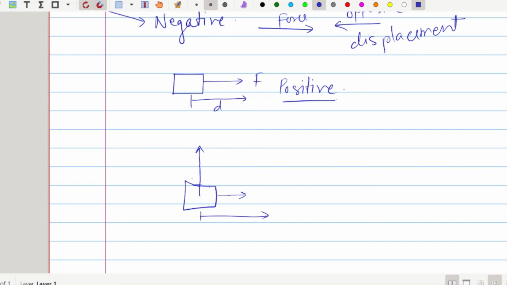So the displacement here is d, towards the right side, but the force applied by the hand of the person is upward. So the work done by this force in displacing the object through a distance d is actually 0. I'm saying distance here because this is a straight line, and distance and displacement are both equal. So F into d, with a 90 degree angle, then the work becomes 0.